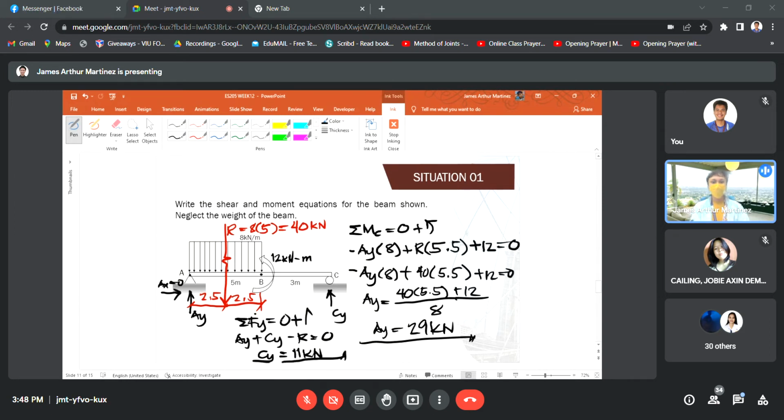So there, we have solved the reactions at both supports. I hope, class, that you have mastered computing and calculating the reactions at supports, since these are the first steps of the solution.